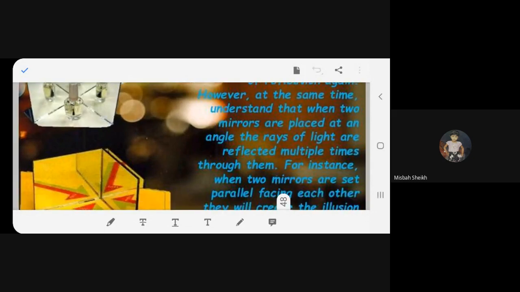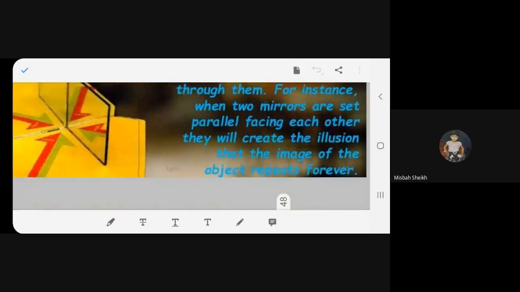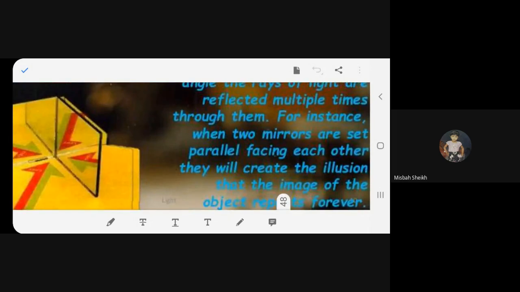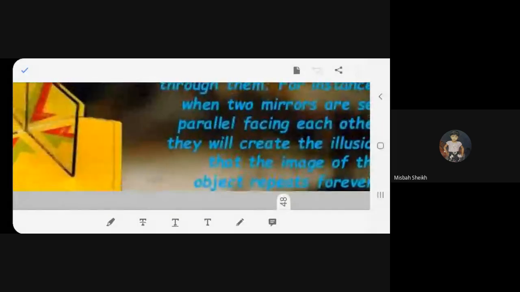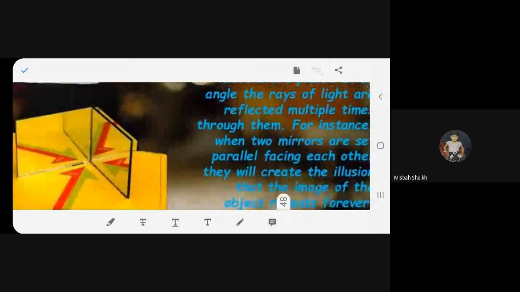For instance, when two mirrors are set parallel, facing each other, they will create the illusion that the image of the object repeats forever. Image repeats forever. Okay, so it keeps on repeating.